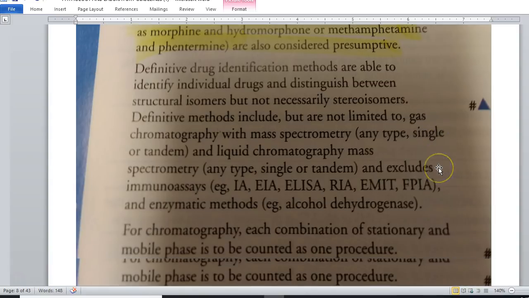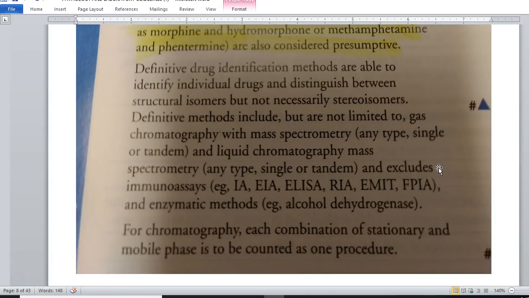It goes on, definitive drug identification methods are able to identify drugs and distinguish between structural isomers, but not necessarily stereoisomers. So again, they might be able to say, yes, this is a cannabinoid, yes, this is an opioid, but they might not be able to distinguish exactly what type it is.